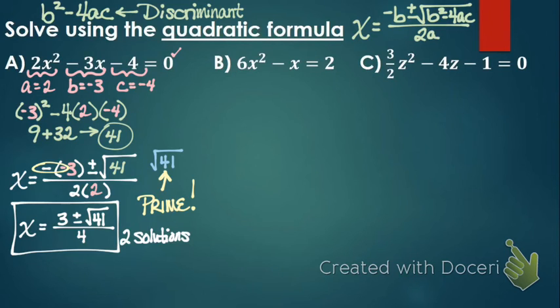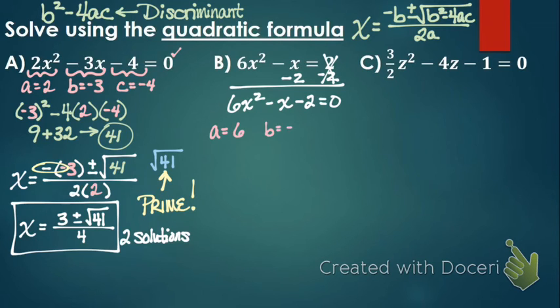All right. Where do I start on b? Yes, subtract 2 from both sides, set it equal to 0. 6x squared minus x minus 2 equals 0. Now I want my a, my b, and my c. What is a? 6, b, negative 1, and c, negative 2.